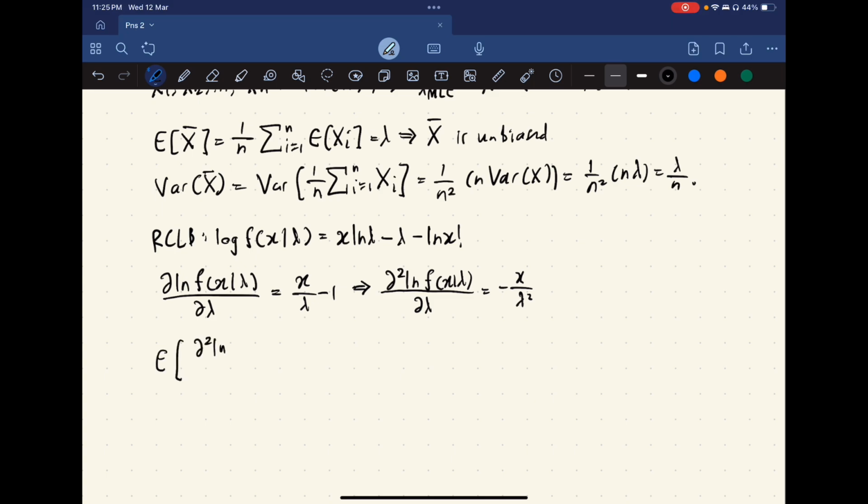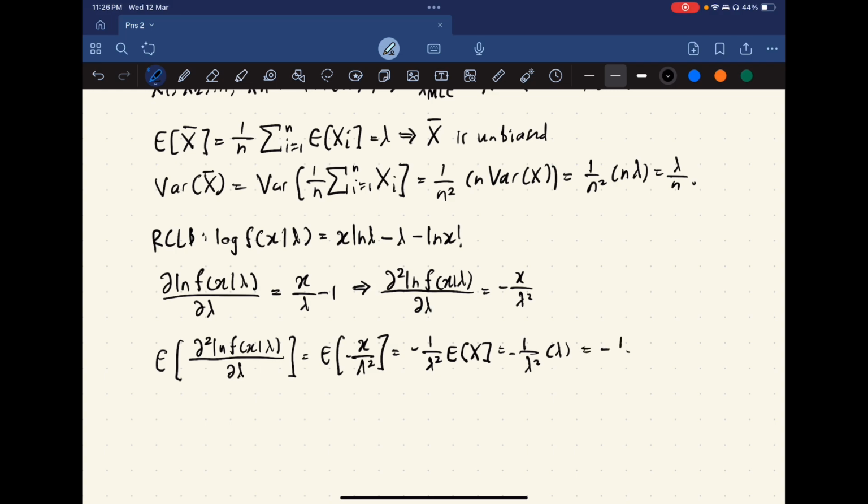And then you find the expectation of the second derivative. This is just negative 1 over lambda squared times the expectation of x. Now x is Poisson distributed, so you will have lambda itself. So 1 over lambda squared multiplied by lambda, and you have negative 1 over lambda.